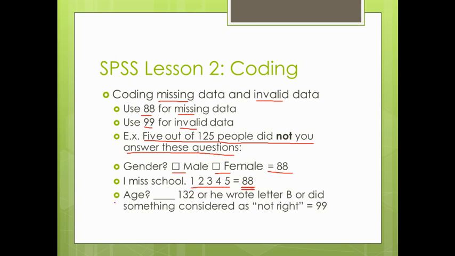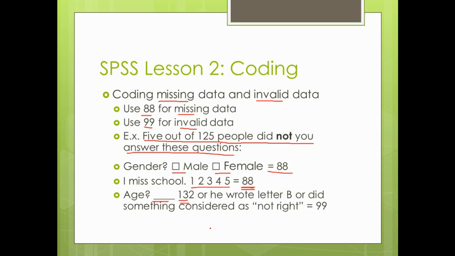The last example I want to demonstrate here: we ask a question. What is your age? And we provide a blank space for the respondents to enter the actual age. And let's say one respondent enters 132 years old. You could imagine you look at the completed questionnaire, and then you tell yourself, wow, it is not believable.